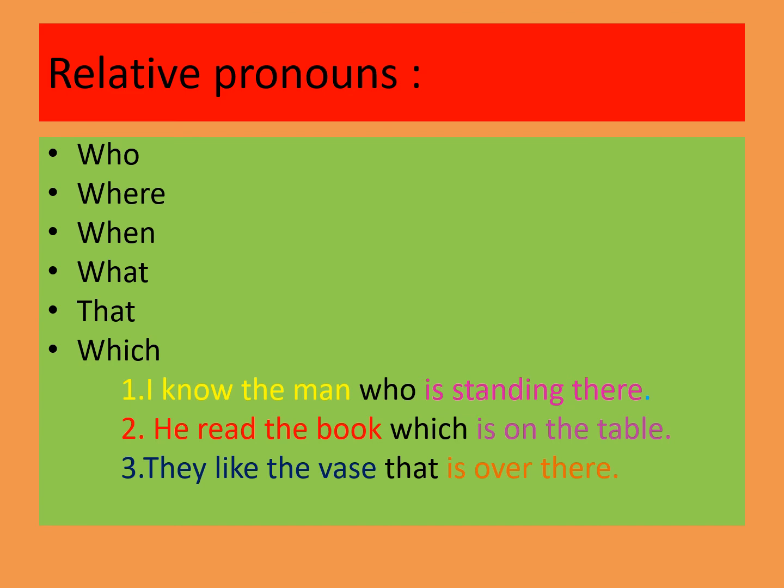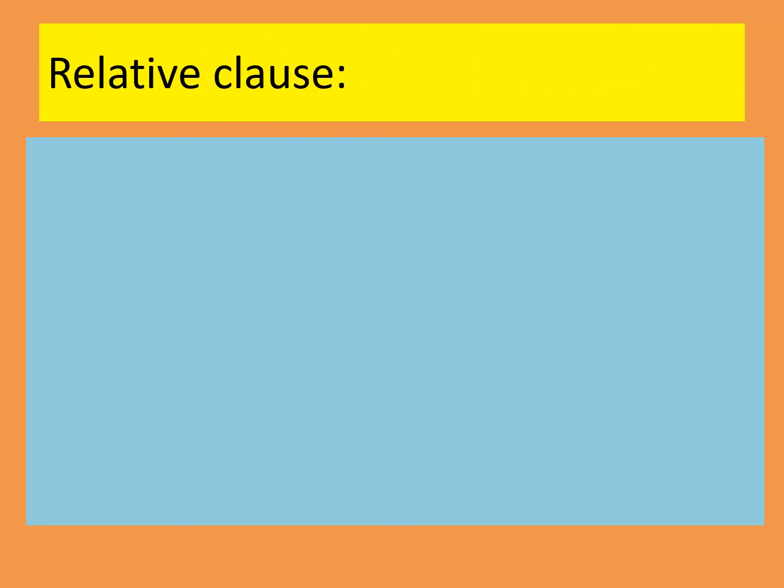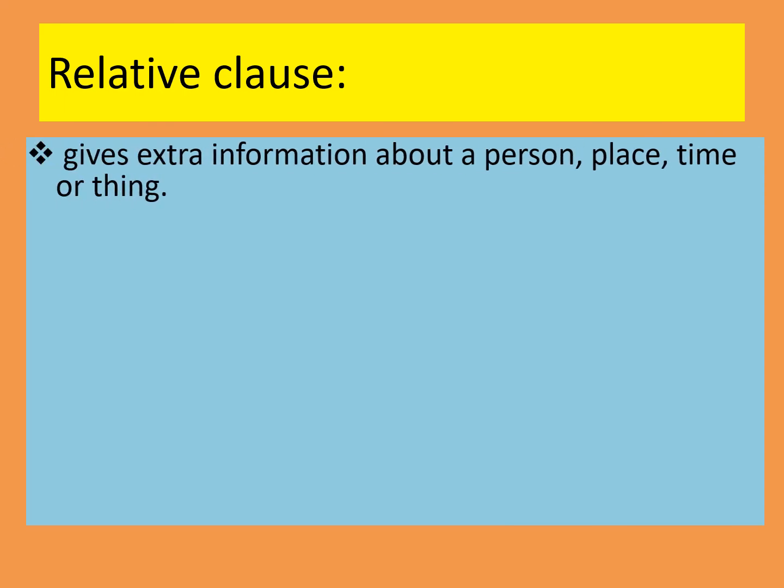So students, whenever we want to make a relative clause, we need a relative pronoun. So it's very important. Without a relative pronoun, we cannot make a relative clause. Now we will see the important rules of relative clause. 1.